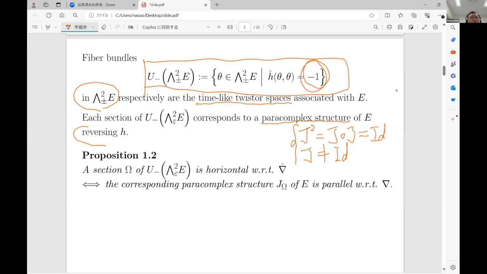And this reversing H means that H is para-Hermitian with respect to this paracomplex structure.